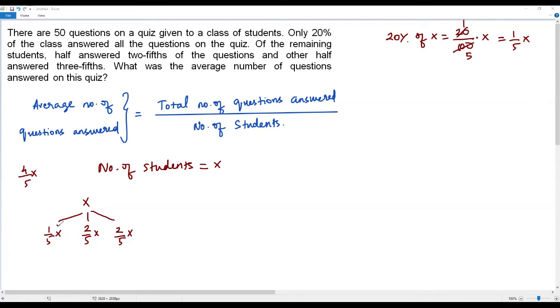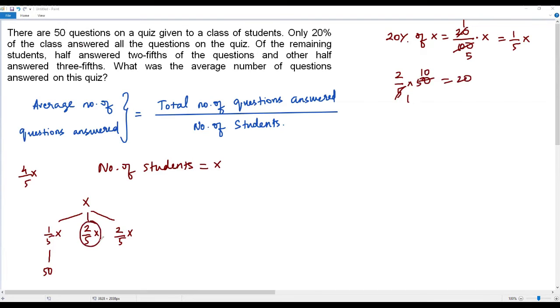Now, each of these 1/5 X students, that is 20% of students, answered all the 50 questions of the quiz. Each of these 2/5 X students answered 2/5 of the questions, so we have to calculate 2/5 of the 50 questions. Let me do this calculation. 2/5 times 50. 5 goes into 5 one time, 5 goes into 50 10 times, so 20.